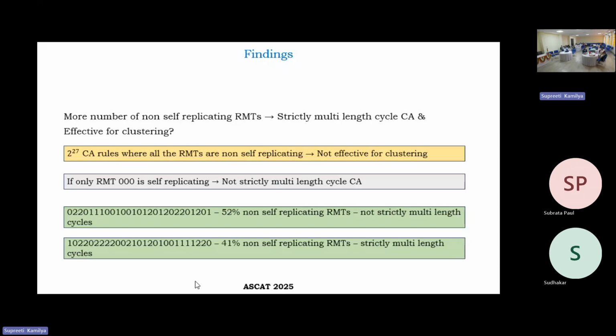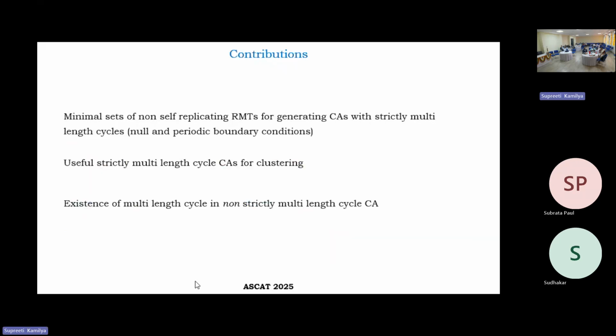So the question is how we can figure this out from a huge search space, because when we consider a three-state three-neighborhood, that is 3 to the power 27 rules. Before going to that, I want to say what the contribution of this work is.